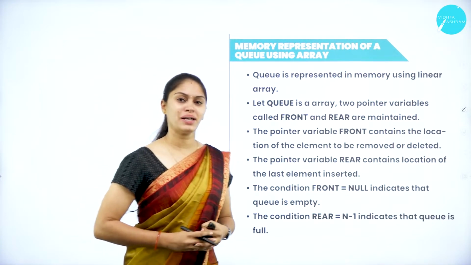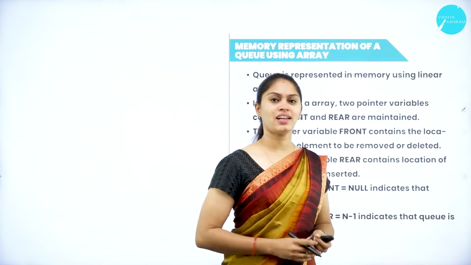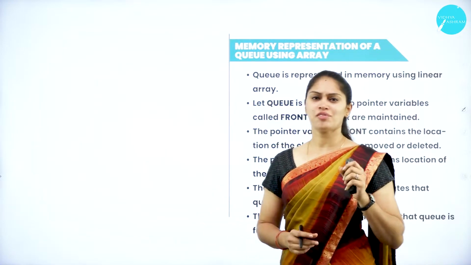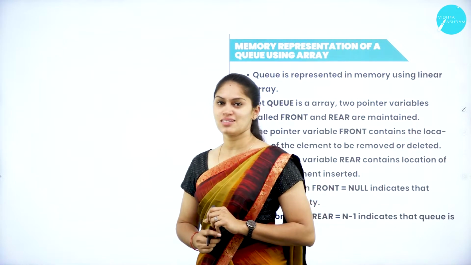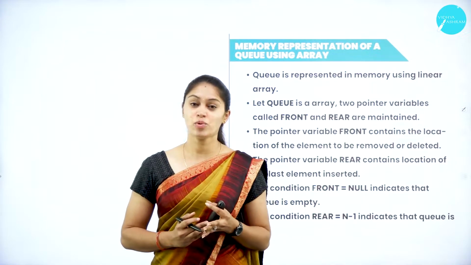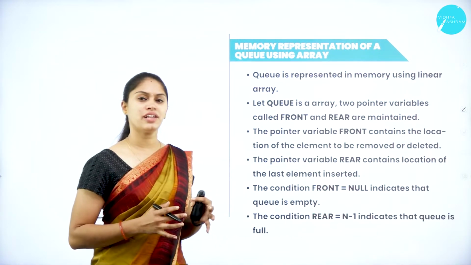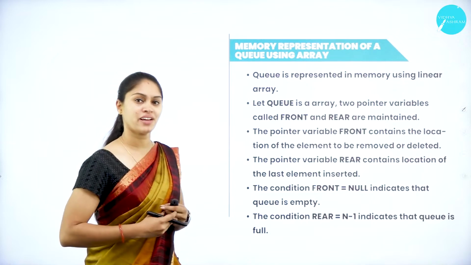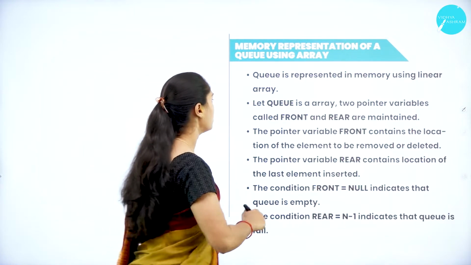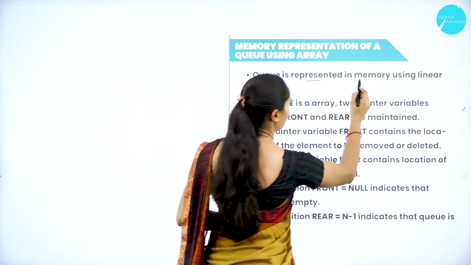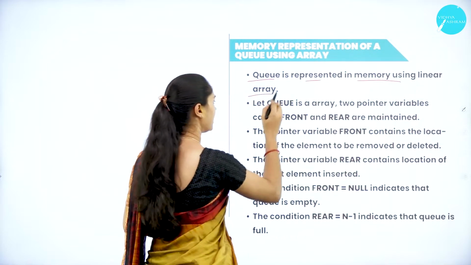Now when you are representing a queue using an array in the memory location, you have to understand some of the terminologies. What is queue, what is an item, what is rear, what is front, and so on. You have to be very familiar with them. So we'll see now. Here the queue is represented in the memory by making use of a linear array.